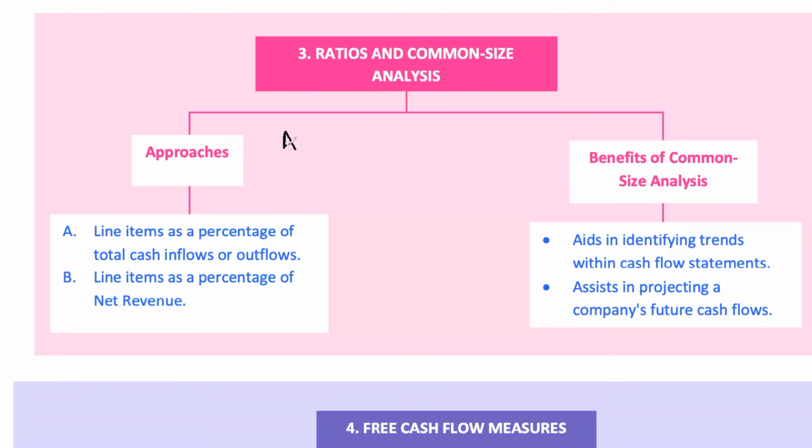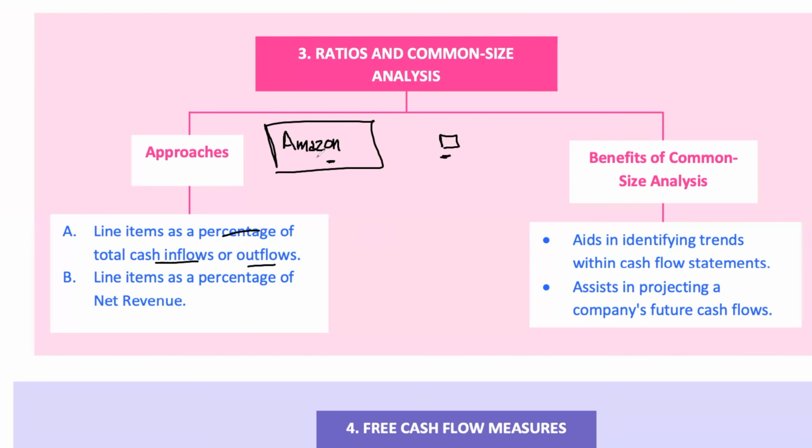For instance, let's say you're comparing Amazon, this massive behemoth, with a much smaller e-commerce startup. Obviously, Amazon's cash flows are going to be much larger in absolute terms. But by expressing each line item as a percentage of total inflows or outflows, you can compare these companies in a meaningful way, despite their size differences.